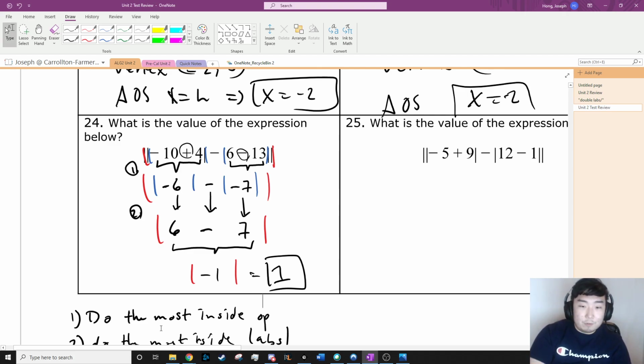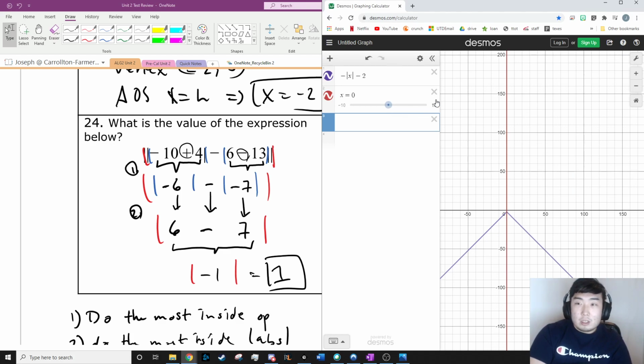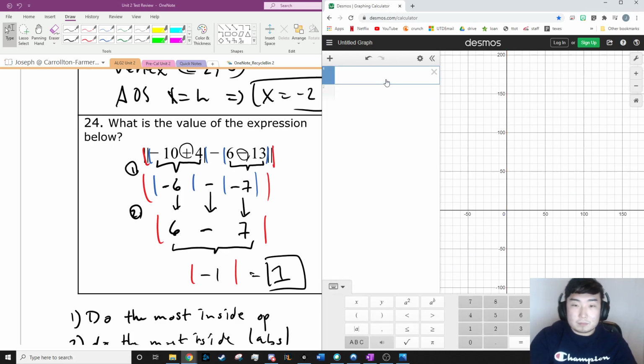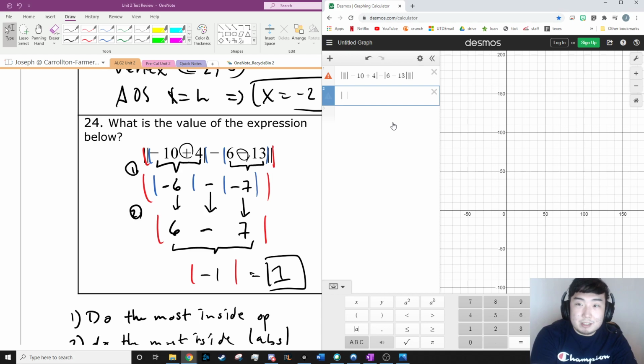And if you really want to make sure, you can use Desmos, which is absolute value of -10 plus 4 minus another absolute value of 6 minus 13. Absolute value, and then close another absolute value. Did I type that right? I did not type that right. Let's try it again. Absolute value of absolute value.